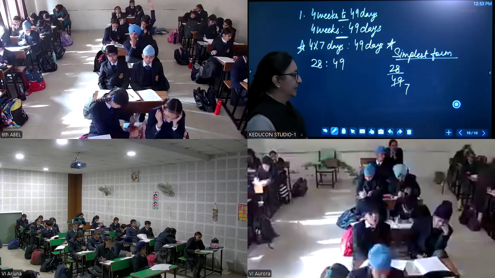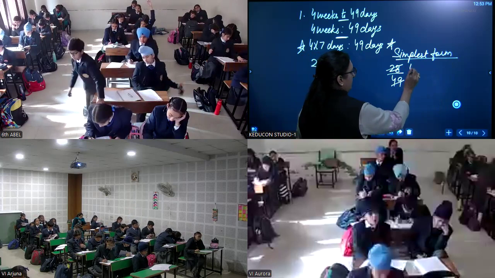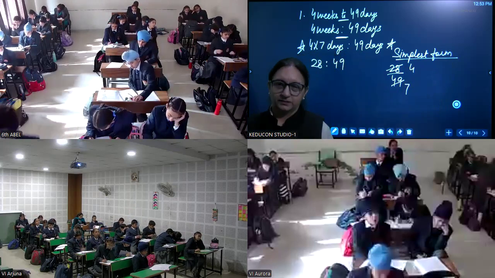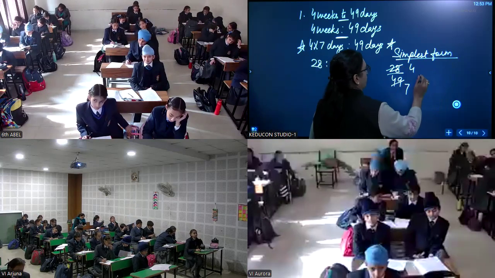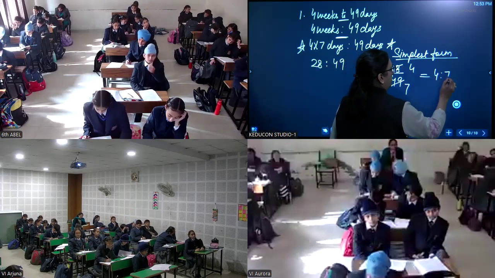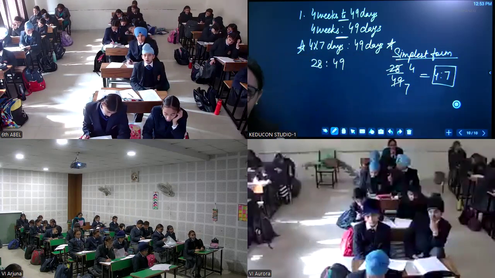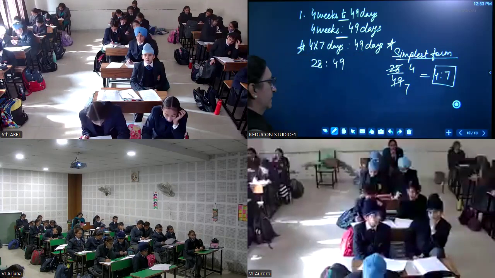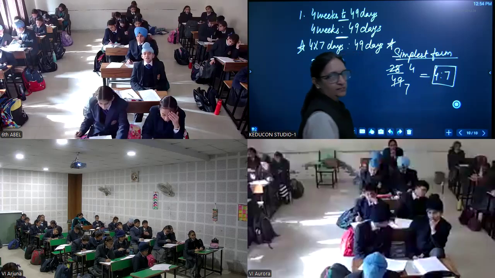7 fours are 28. So it will be 4 ratio 7. Don't write it as 7 ratio 4. Please remember, numerator comes first. So its answer will be 4 ratio 7.